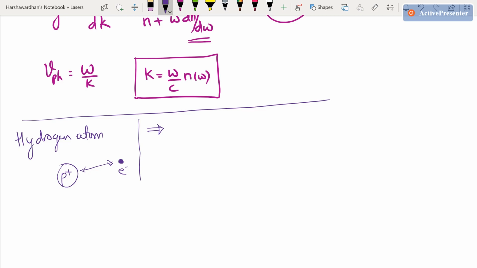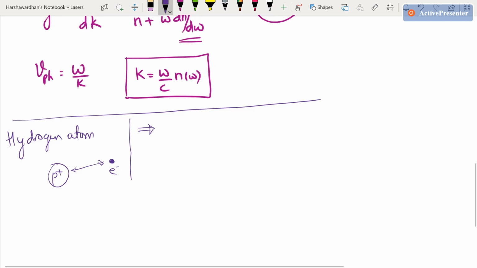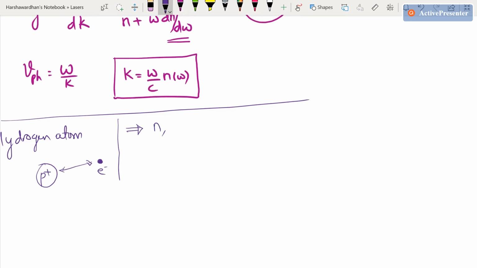If the electron is in a particular state within the atom, it can be described by quantum numbers. We call it the principal quantum number n. Then there is an orbital quantum number L, which talks about the orbital angular momentum of the atom. Then there's a magnetic quantum number m, and apart from this there is also the spin quantum number.